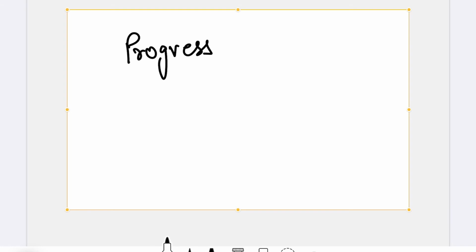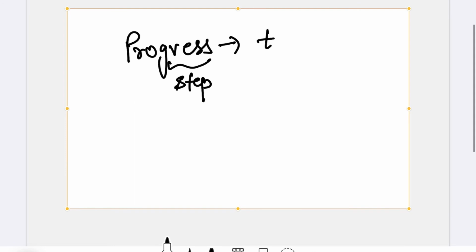Gress means step. To progress means to step forward. You may progress in your career, you may progress with your age, you may progress in your achievements.